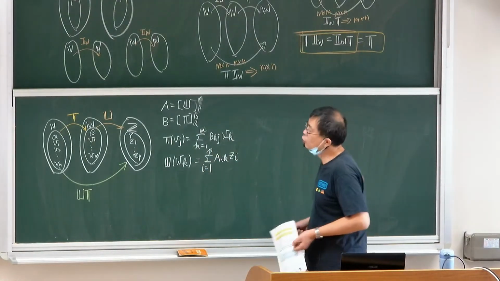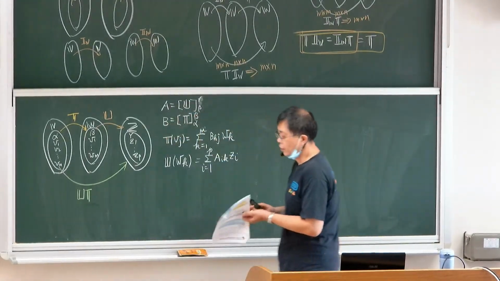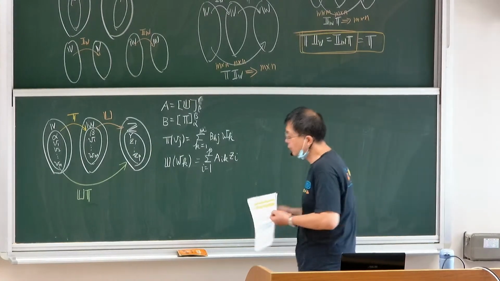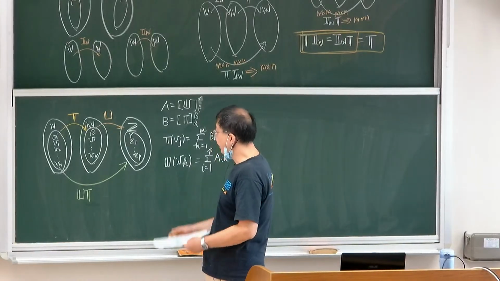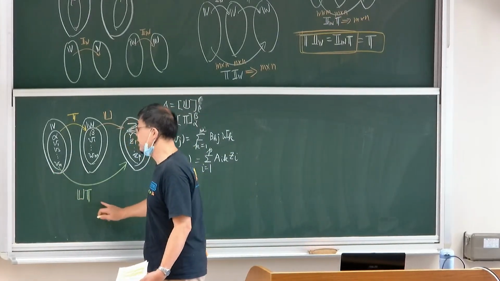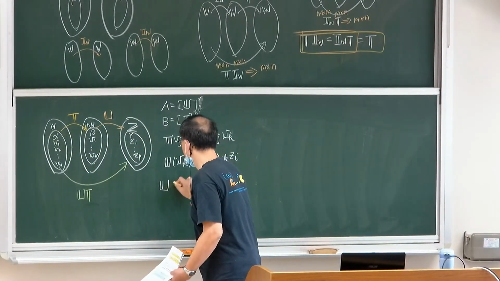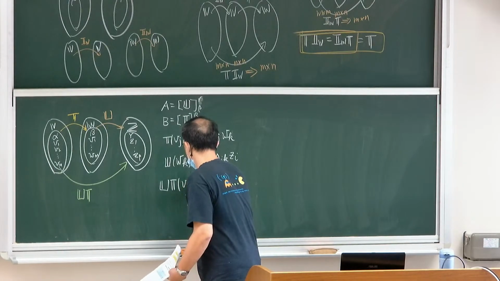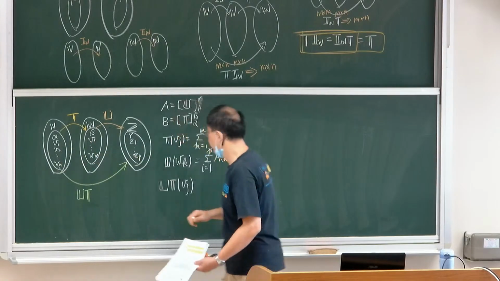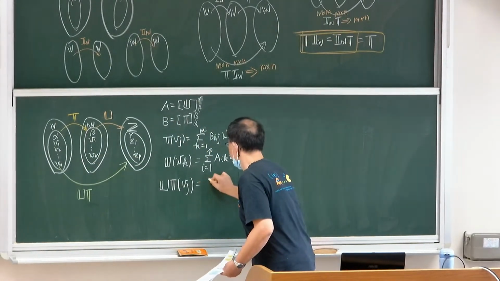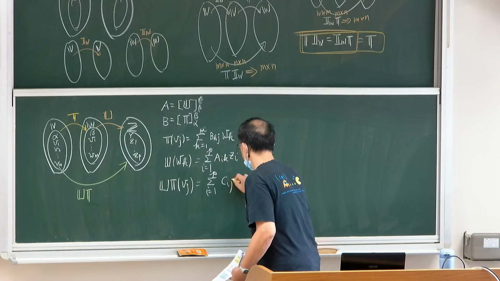Now we want to find the matrix representation of UT. Because UT is converting vectors from V to W directly, I'm going to write UT by using Vj, one of the vectors in the basis, and it will become summation I equals 1 to P, Cij times Zi.